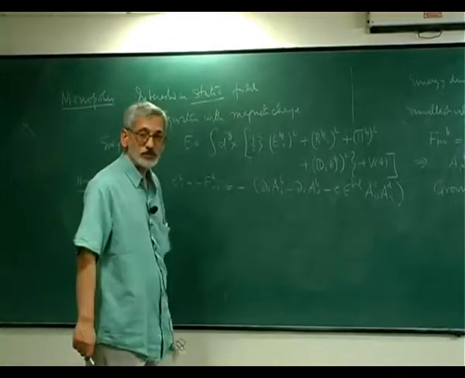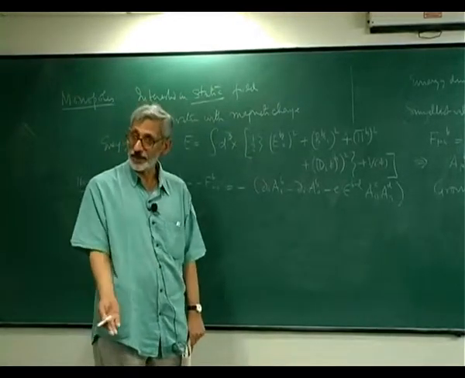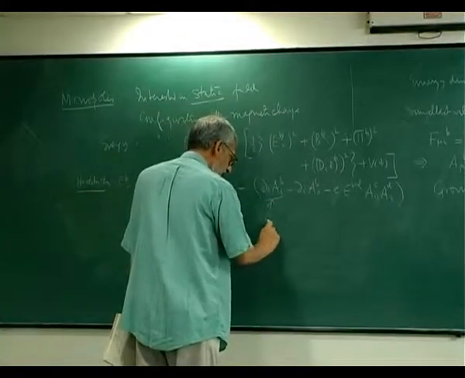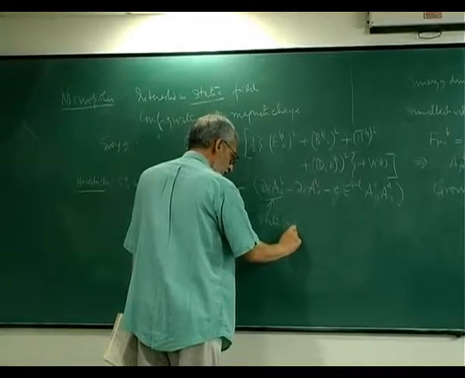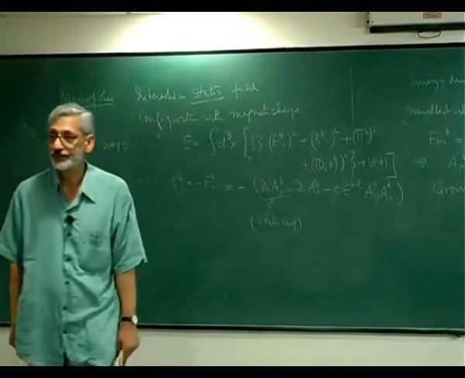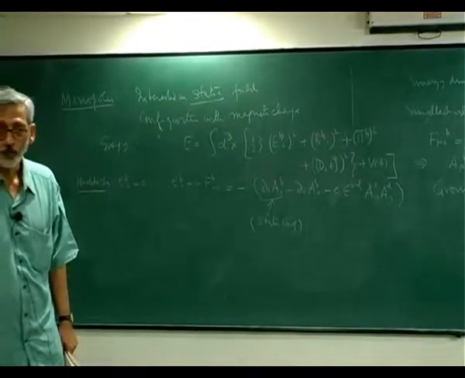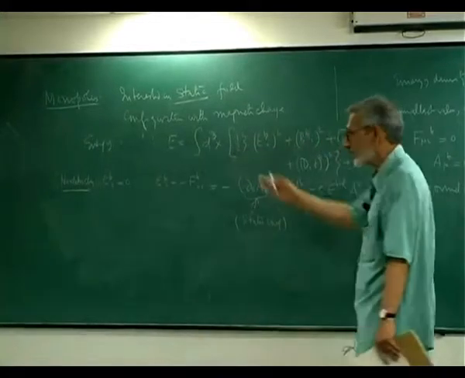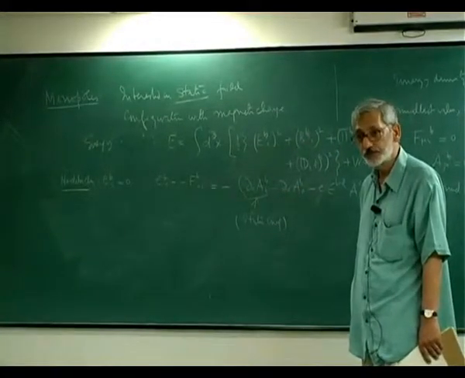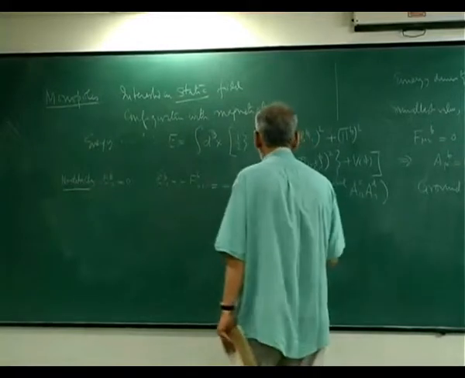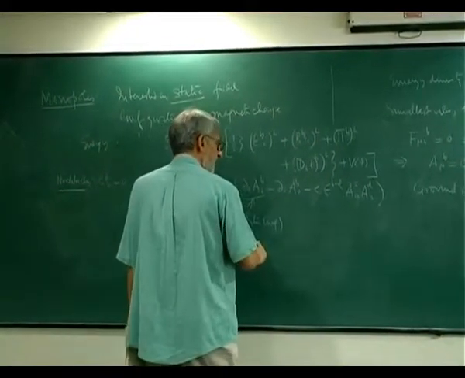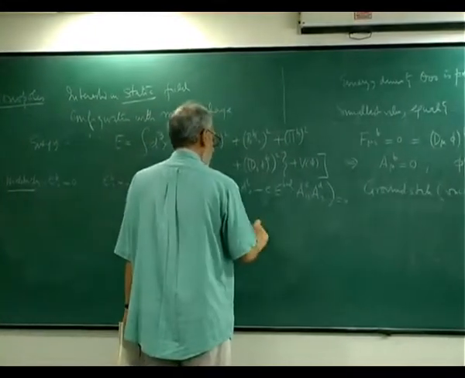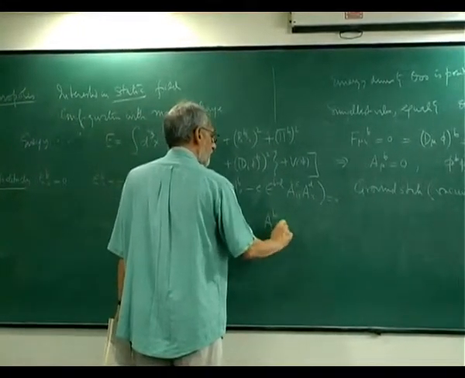How can we make it 0? We also want static configurations. Static configuration means this is 0, because of time independent configurations. Then further I want these terms also to be 0 because I want E^B to be 0. So this equal to 0 tells me that A_0^B is 0.